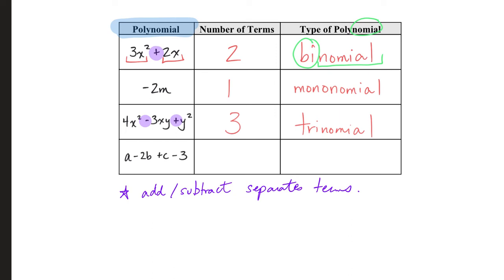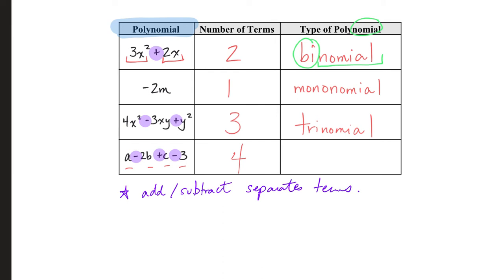Okay, we're going to fill in that last row together. You have a quick scan and you go, there's a subtraction, there's an addition, there's a subtraction. Those separate terms. So what I have then is 1, 2, 3. I have 4 terms. And I totally get that I would have a bunch of people that would go, hey, that's going to be a quadnomial.